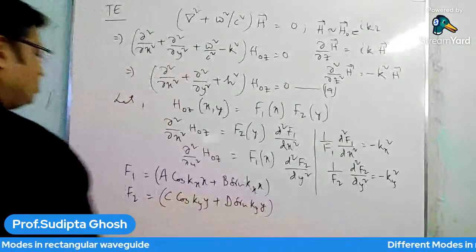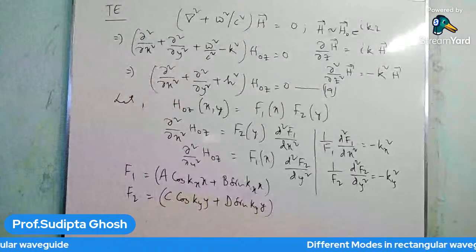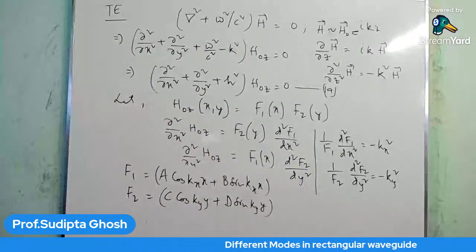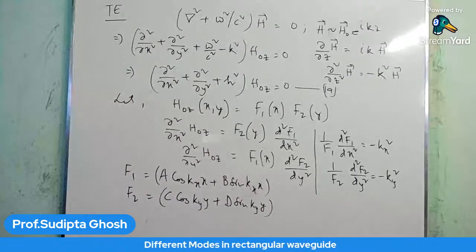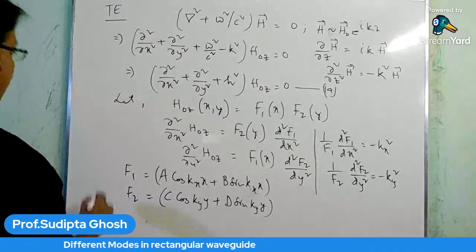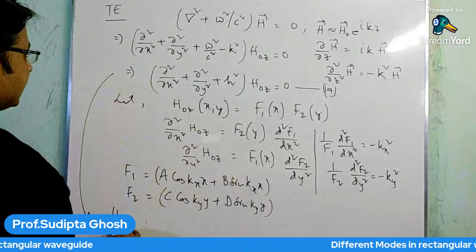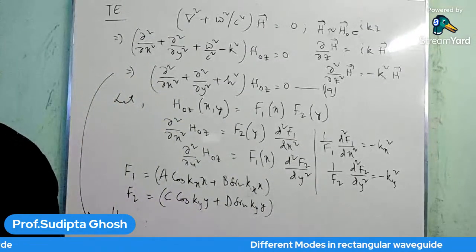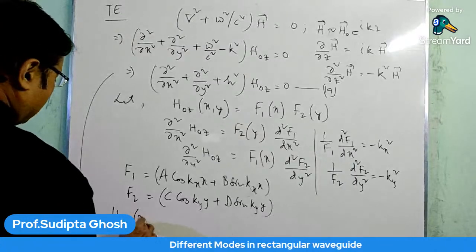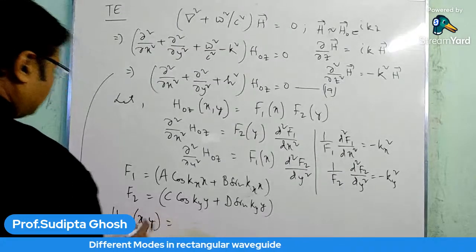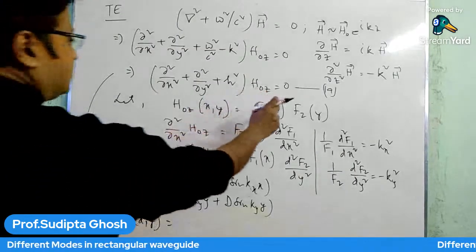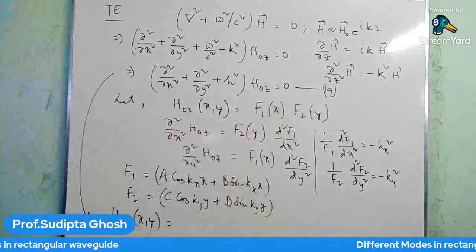So these are the two solutions, F1 and F2, and thus the final solution of equation 19 can be written as HOZ of x, y equals the product of F1 and F2.